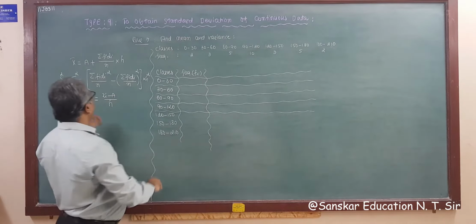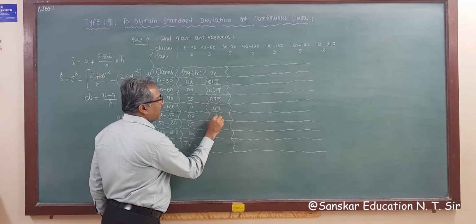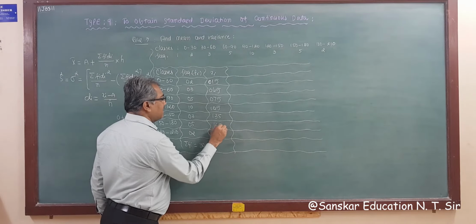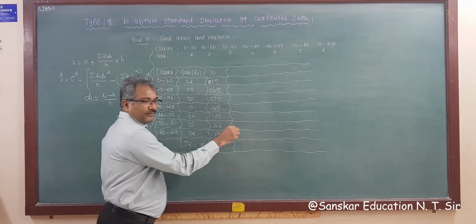Now the class length is 30, so adding 30, what do we get? 45. Here adding 30, 75. Adding 30 is 105. Adding 30 is 135. Adding 30, 165. And adding 30, 195. Right?